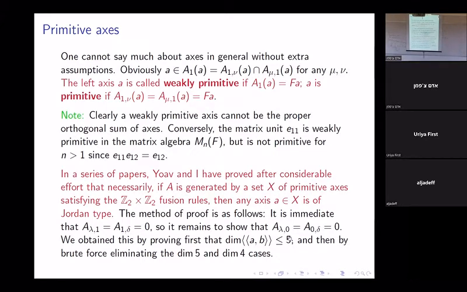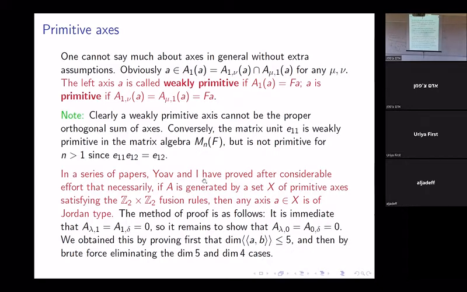We also want this. This is less obvious, and we proved this in 2 papers totaling about 25 pages, where in the first paper, we proved that the dimension of the algebra generated by A and B is less than or equal to 5.